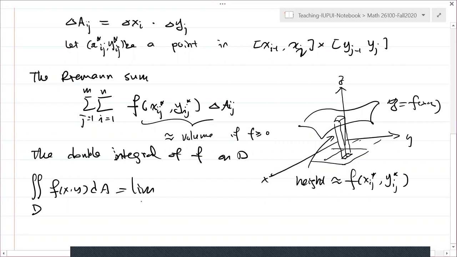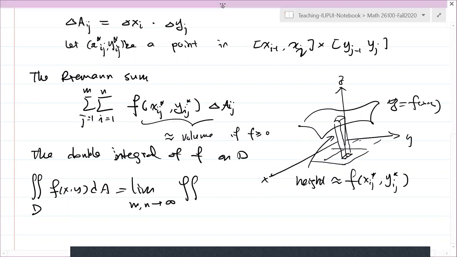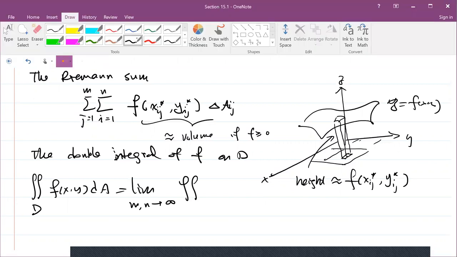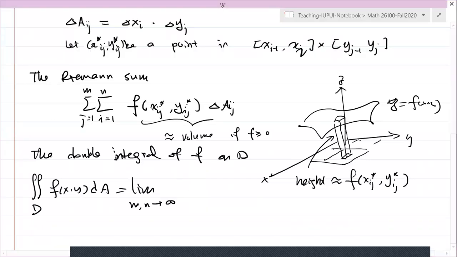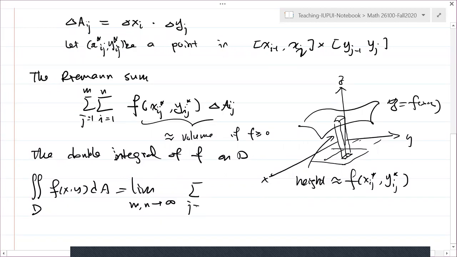Okay. So here's m, n goes to infinity. Let's call it a Riemann sum. That's a Riemann sum: the sum over i and j of f at (xi star, yj star) times delta A ij.